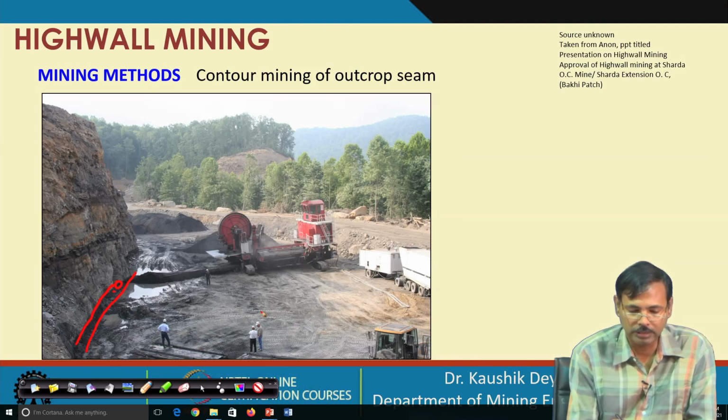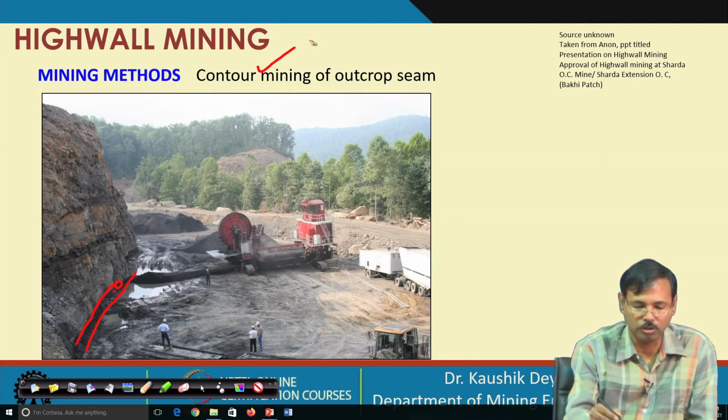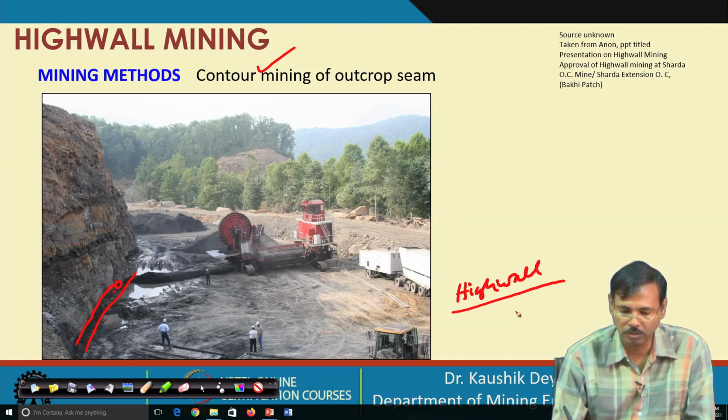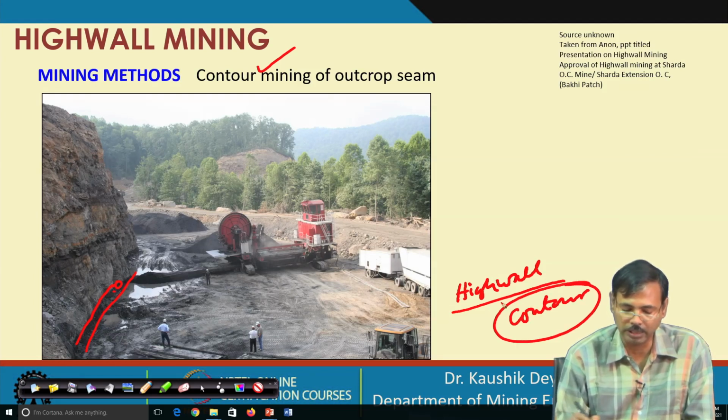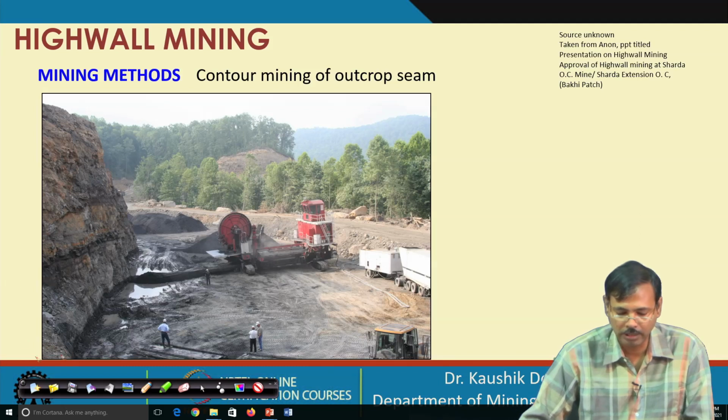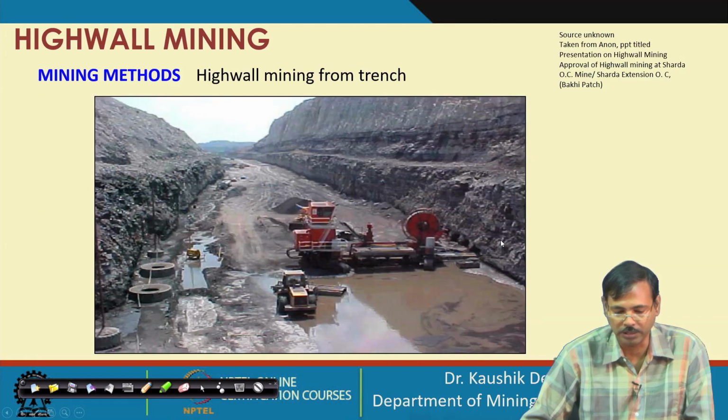This is called contour mining, where only the outcrop seam is allowed to be excavated. So, that is why this is direct mining without surface mining, only the high wall mining is carried out, that is also called contour mining, standing by itself alone in this case. So, this is one method of operation where high wall mining is carried out.